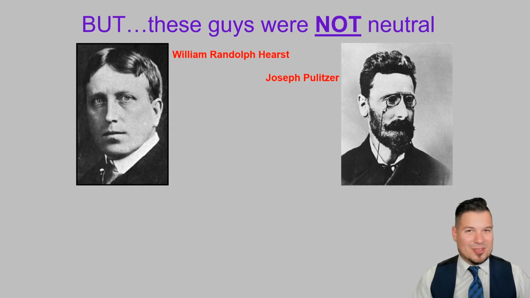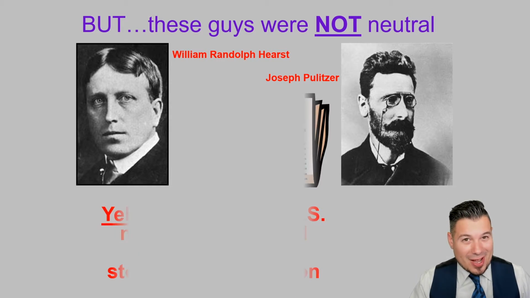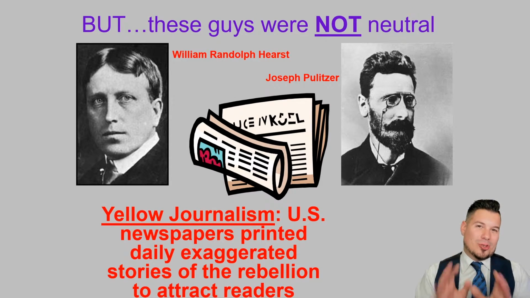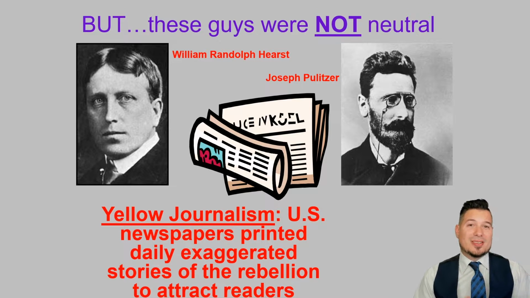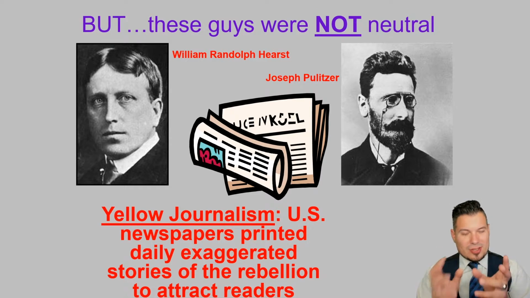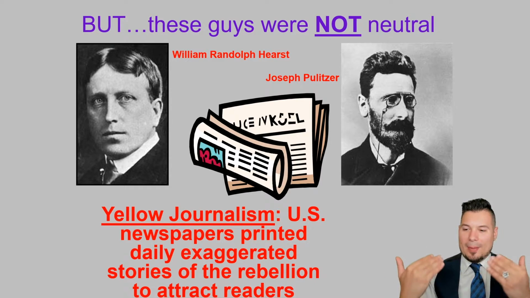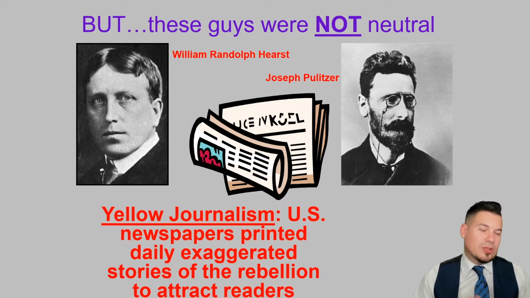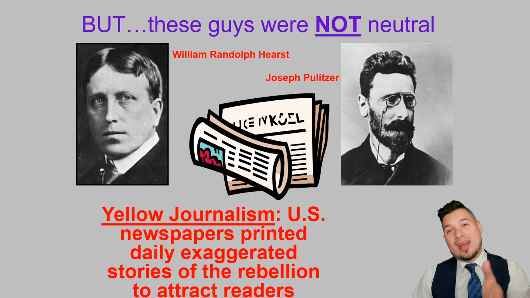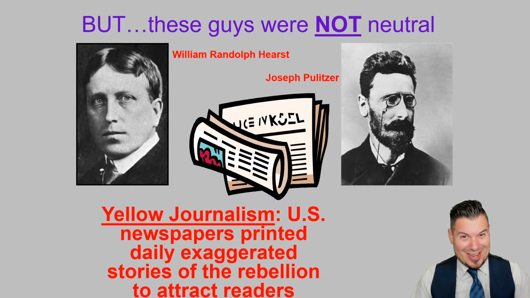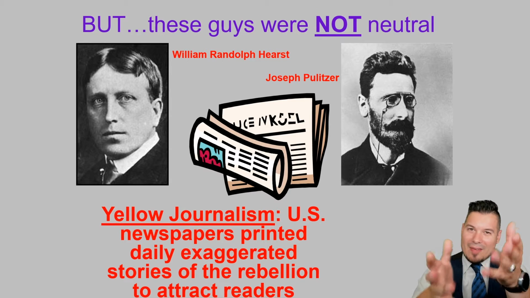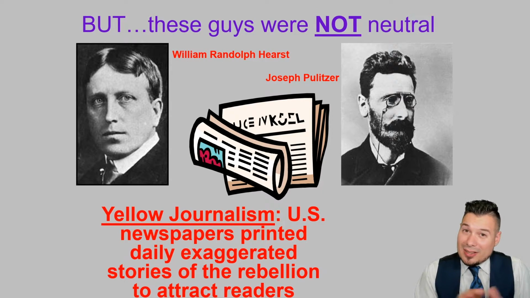William Randolph Hearst and Joseph Pulitzer, of the Pulitzer Prize, are yellow journalists. What a yellow journalist is, basically, the U.S. is going to start to print daily exaggerated stories about the rebellion in Cuba to attract readers. That was the way for them to get readers. They would embellish, right? You ever have that friend who is telling the truth, but is just embellishing it?